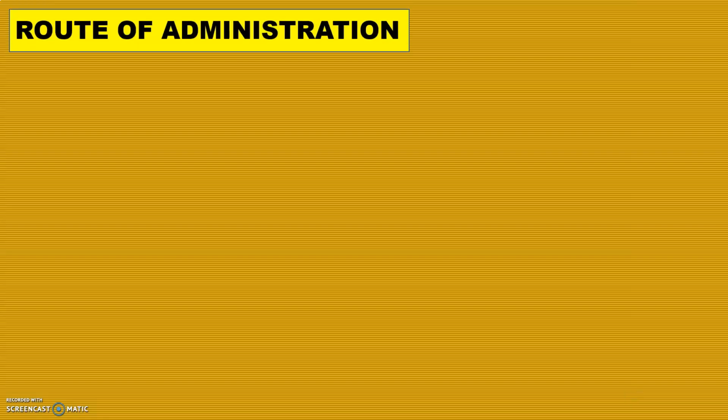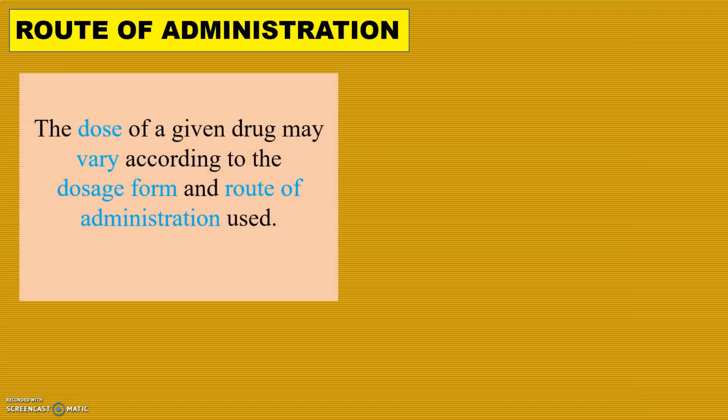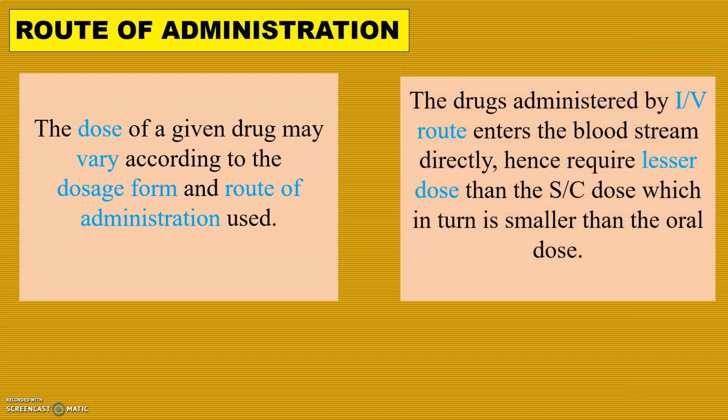Next factor is route of administration. The dose of a given drug may vary according to the dosage form and route of administration used. The drugs administered by intravenous route enter the bloodstream directly, hence require lesser dose than the subcutaneous dose, which in turn is smaller than the oral dose.